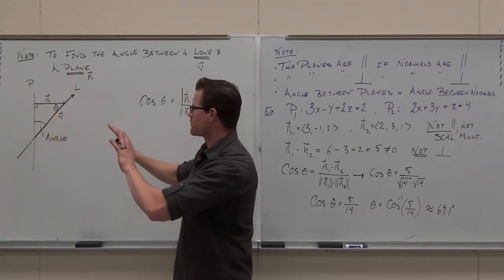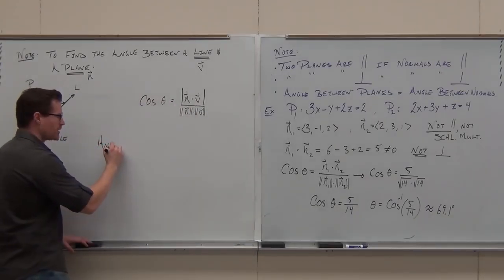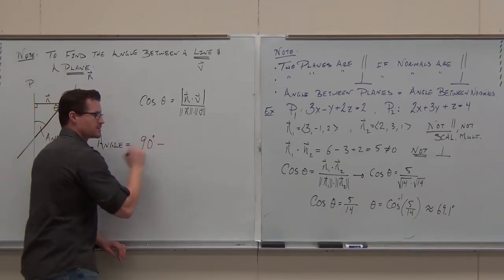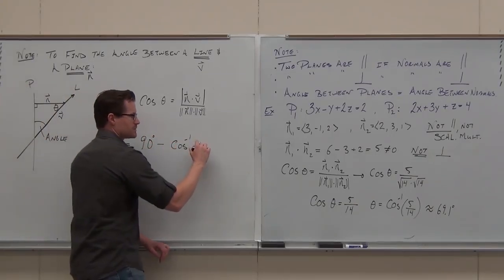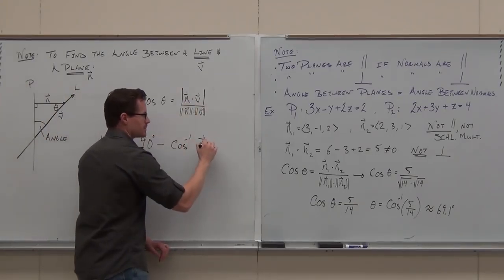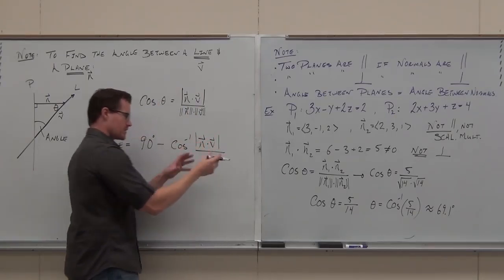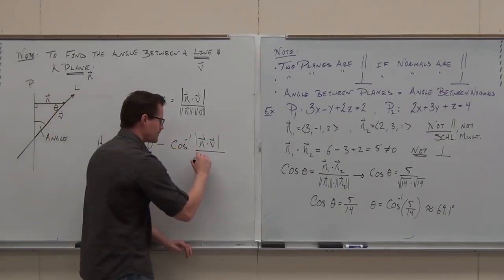So in our case, if you ever want to find the angle between a line and a plane, take your 90 degrees and subtract cosine inverse of this thing. This is to keep it positive, to make an acute angle. You have to have that because you're subtracting from 90.